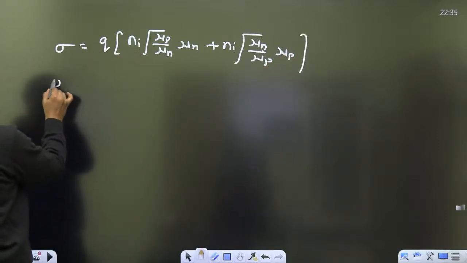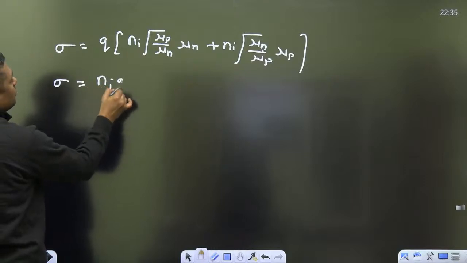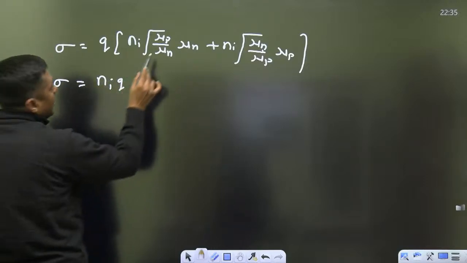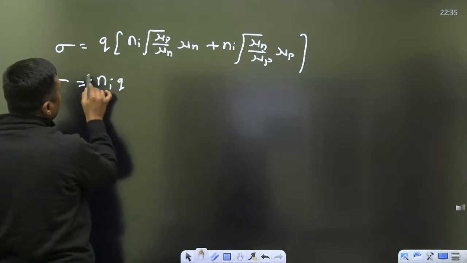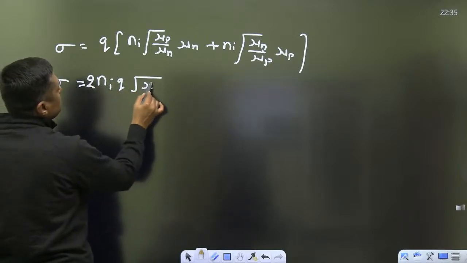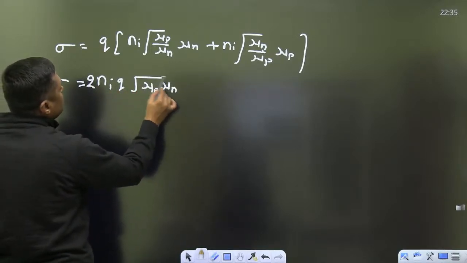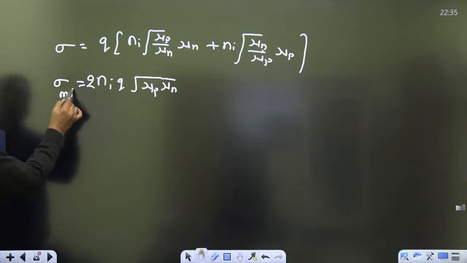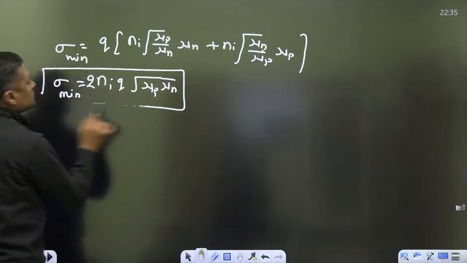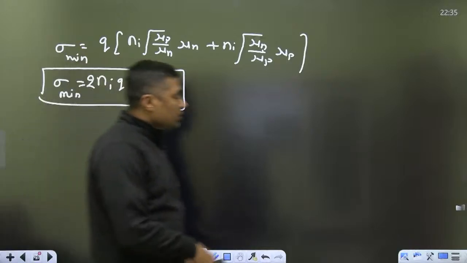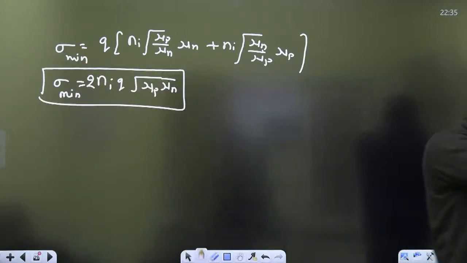Now ni is common, q is common, and then this will become root over mu p mu n, root over mu p mu n, 2 times of, and that is called sigma minimum. Is it clear, everyone? This is the sigma minimum. So we are using the mass action law, law of neutrality and so on.